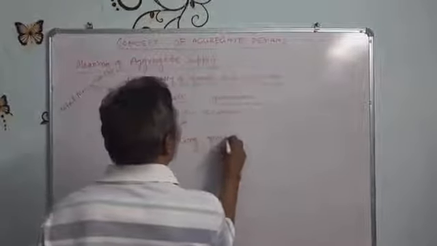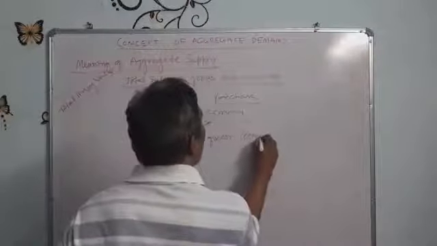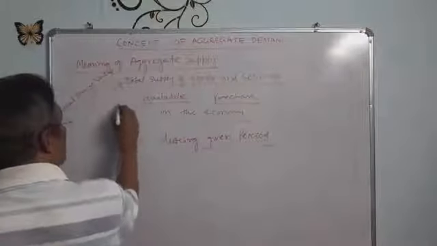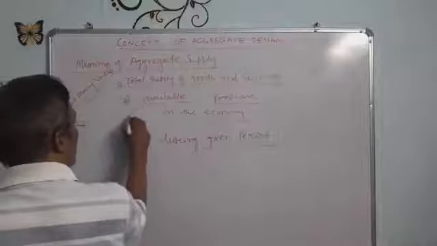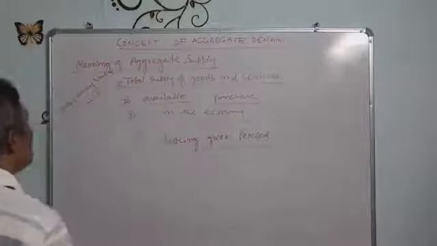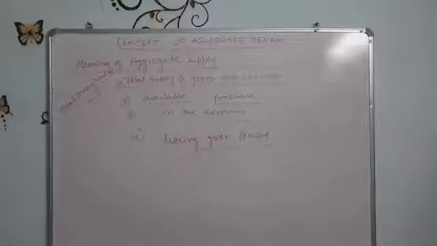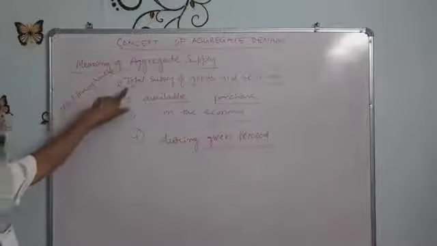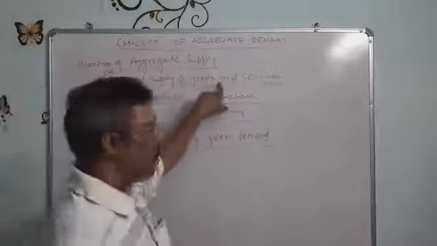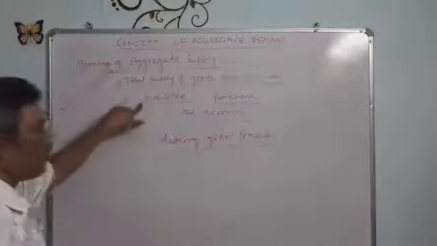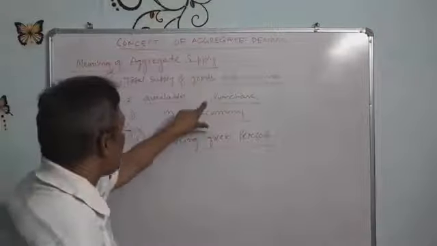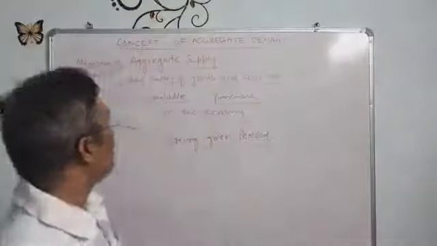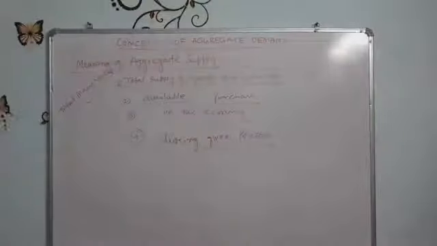These are the four conditions I am writing here: money value of the total supply of goods and services, which are available in the market to purchase in the economy during the given period, is called aggregate supply.